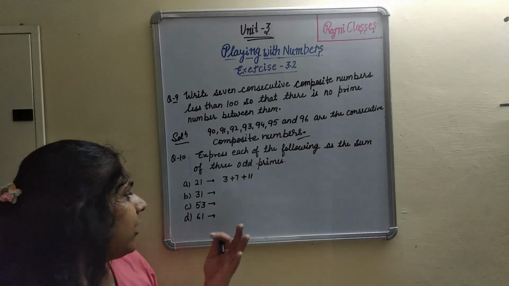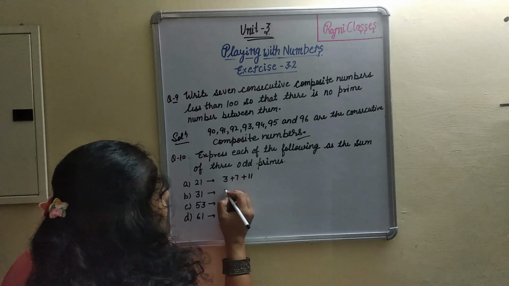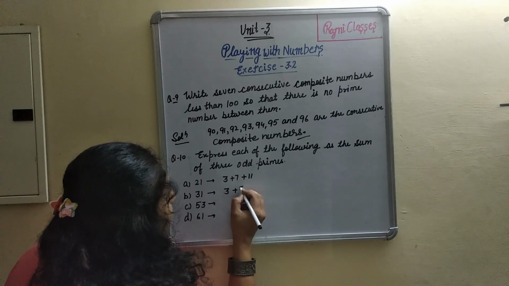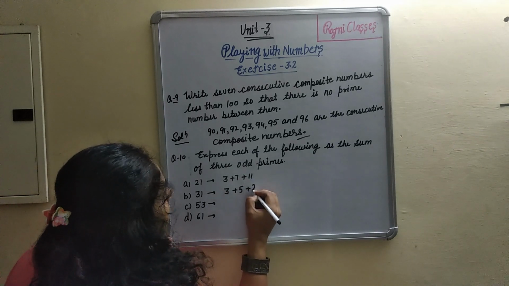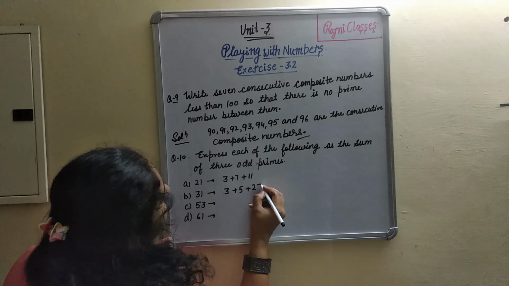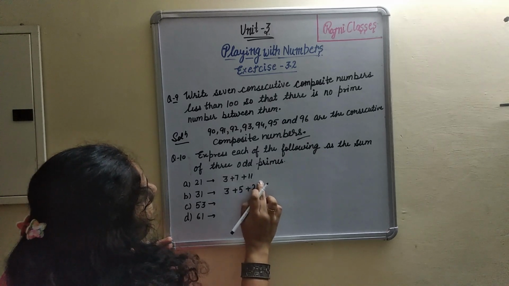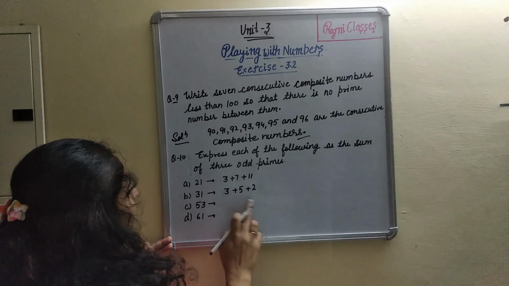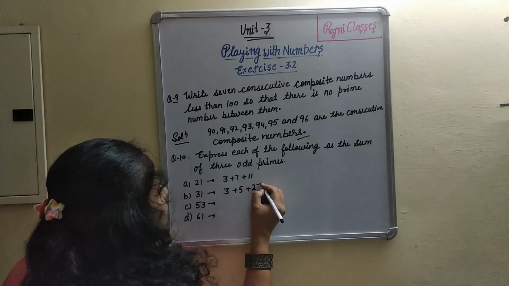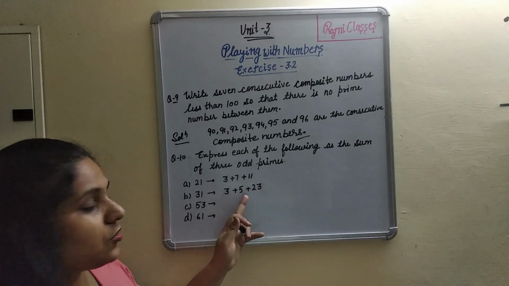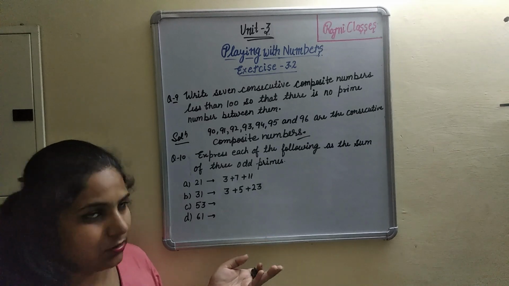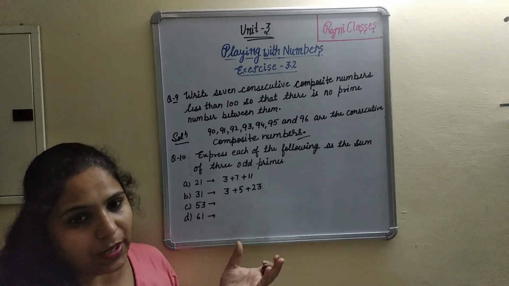Now for the next one, 31, we can take 3 plus 5 plus 23. Yes, 23. 3, 5 and 23 are odd prime numbers.